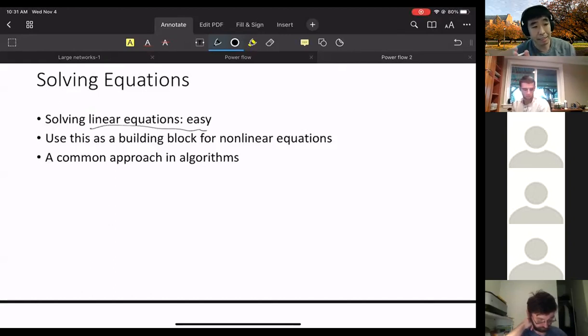And the algorithm design goal is to build the algorithm using this basic function call. And this is quite common in algorithm design: you figure out what you know how to do easily, and everything else is built on top of these elementary steps, right? Basically, if you take an iterative step every time you call a linear solver, hopefully you eventually solve the nonlinear equation. Okay, and the idea is quite intuitive.